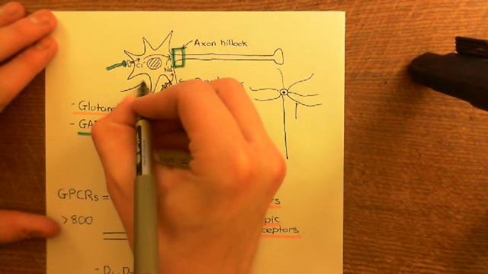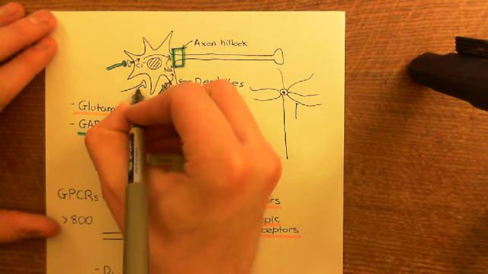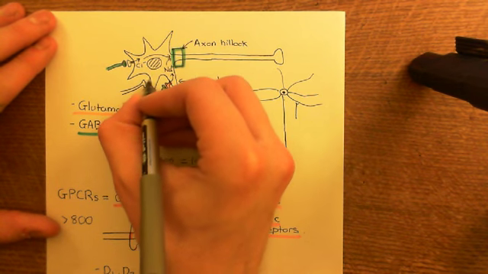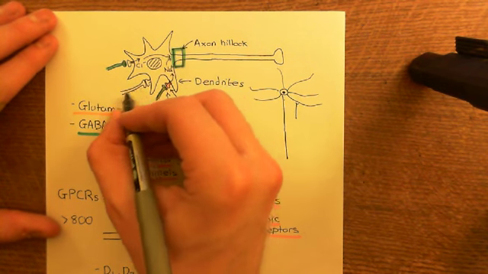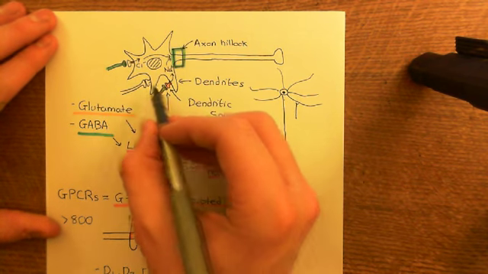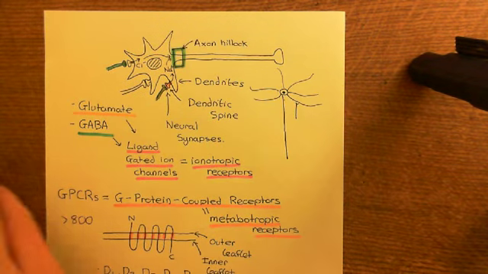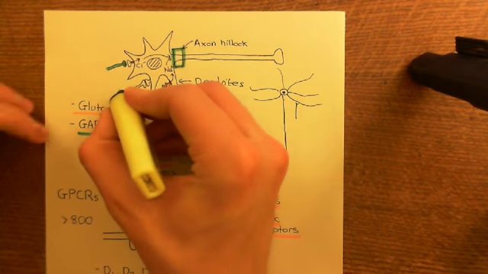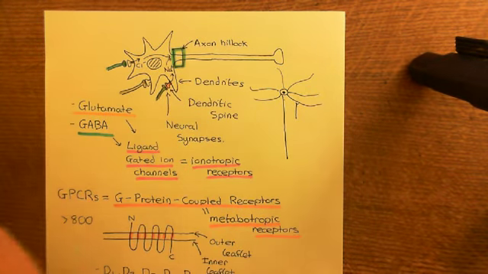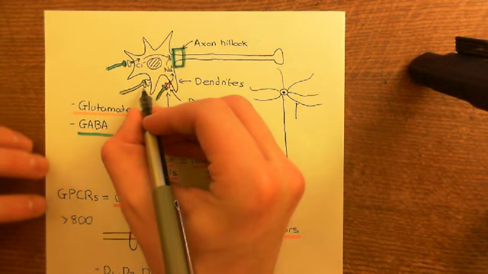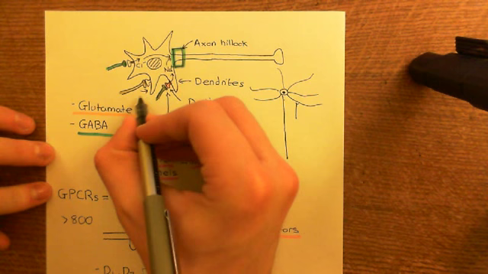These dopaminergic axon terminals can synapse on dendritic spines just as though they were a normal axon terminal releasing either glutamate or GABA. But this is a very special axon terminal. It releases dopamine.